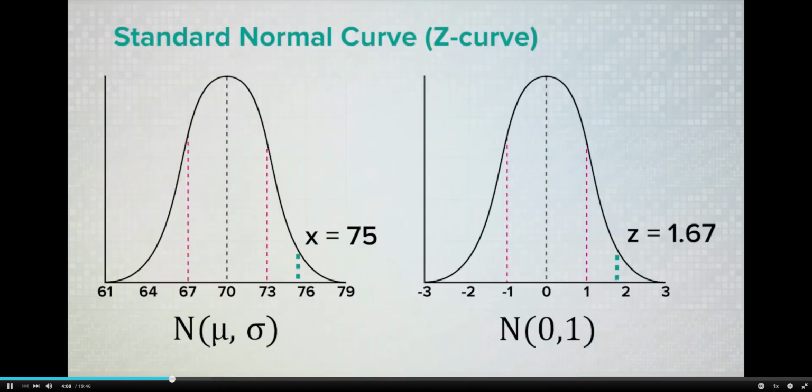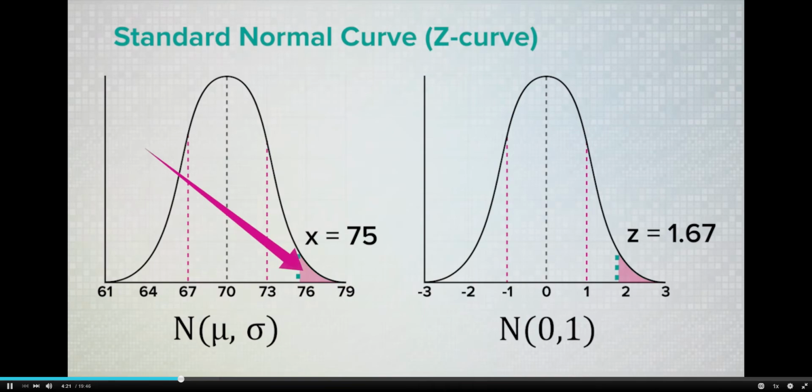Why is this important? If I wanted to know the area above 75, which is my question, what proportion of the men are above 75 inches, I claim instead we can find the area above 1.67 standard deviations because the area is the same as the area over here.